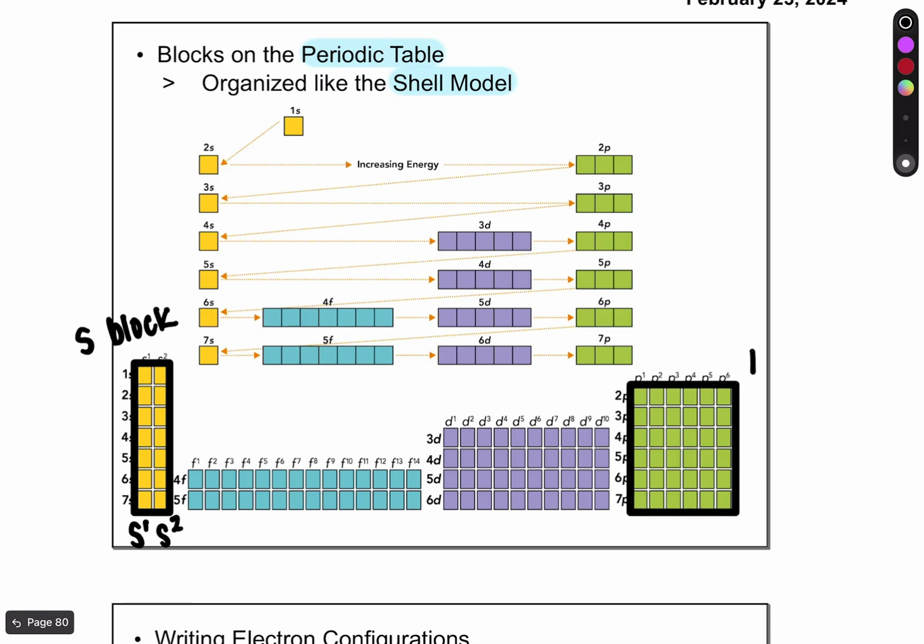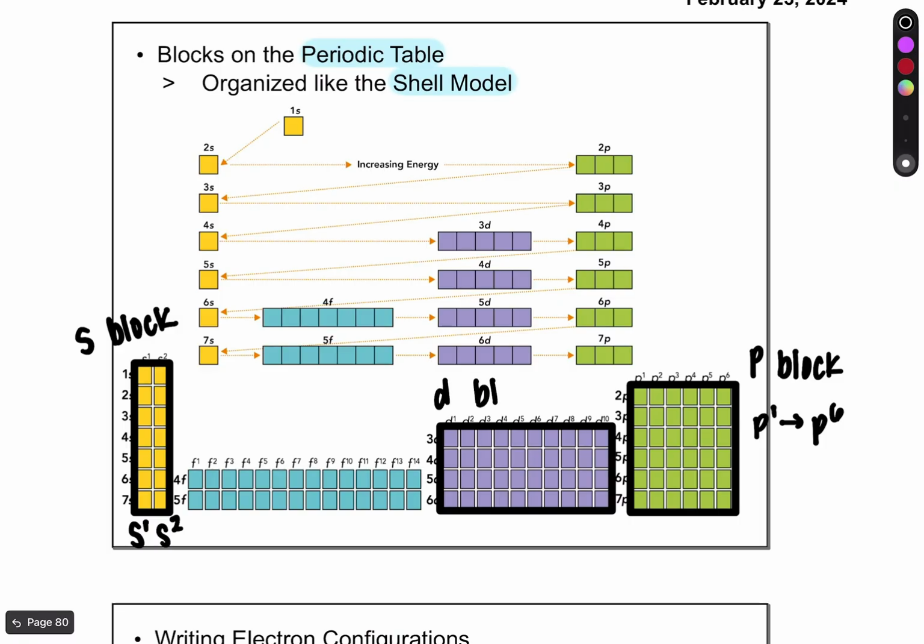The P block has elements that are ending in P1 all the way through P6. Now there is that middle section in the periodic table that we call the D block. The elements that are present in the D block all have electron configurations that end in D1 through D10.